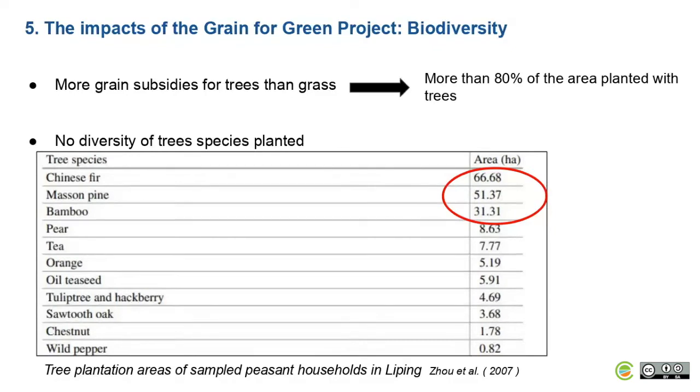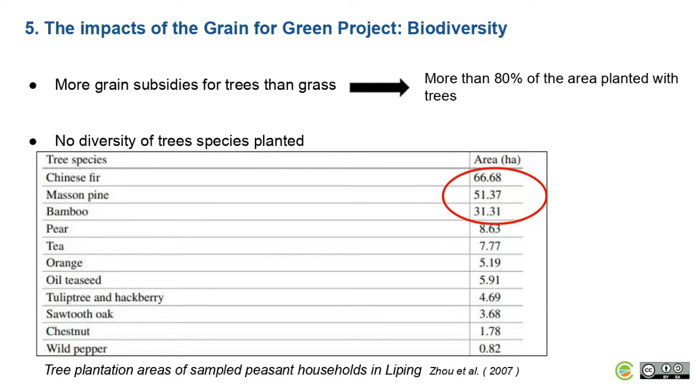And now we present the impact of the project on biodiversity. We have to say before all that there were 3 types of plant cover used during this program. The first one is to plant ecological trees, the second one economical trees, and the last one was grasses.